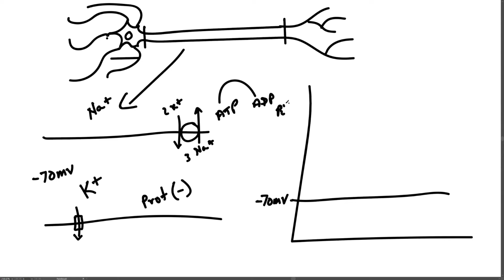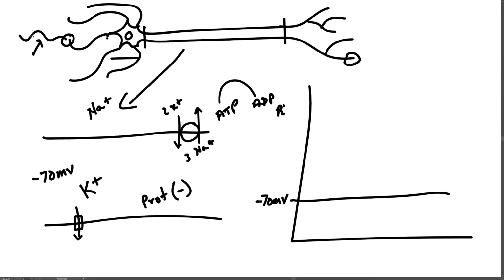So if we measure the potential across the membrane, we would get a reading of minus 70 millivolts. Now it turns out that other neurons upstream connect to the dendrites through a synaptic connection. So the terminal here of the upstream neuron is synapsing with the dendrite.